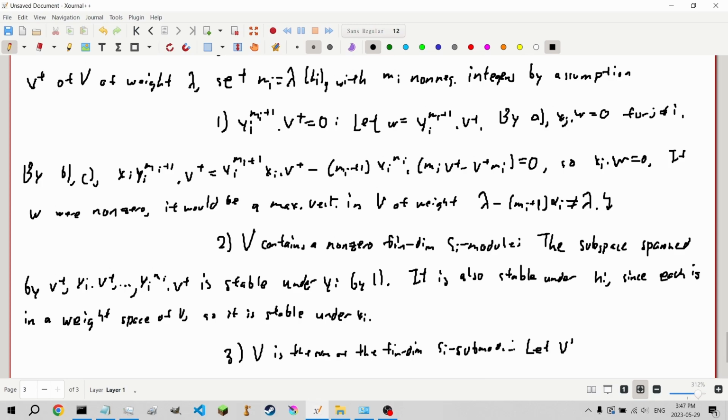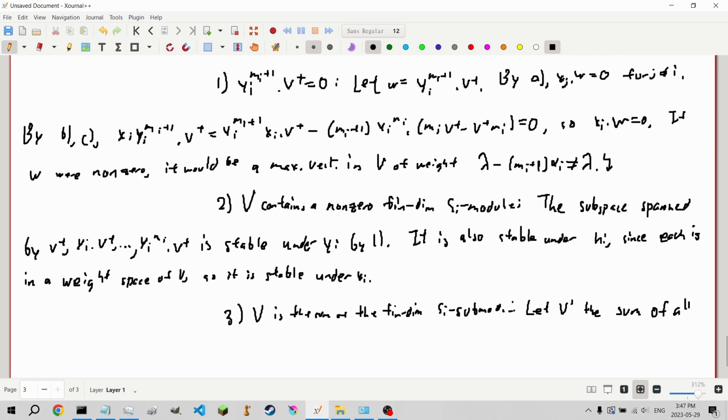Let V prime be the sum of all such submodules, which is going to be non-zero by step 2.